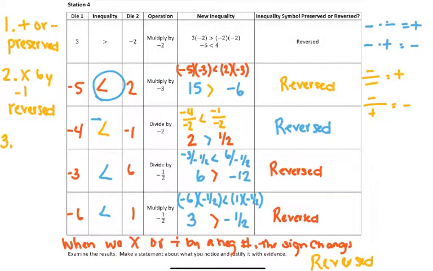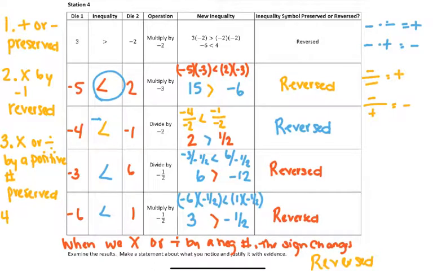Number 3, when we multiply or divide by a positive number, the inequality symbol is preserved.